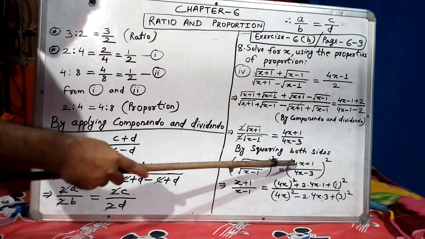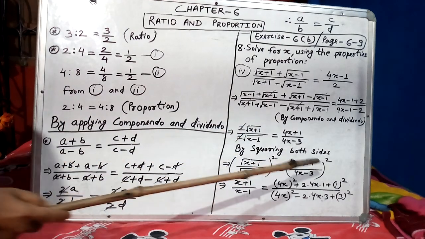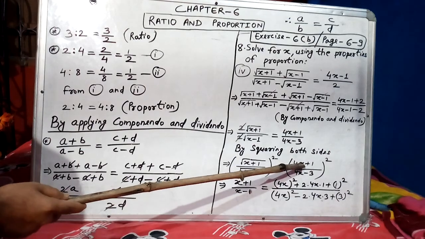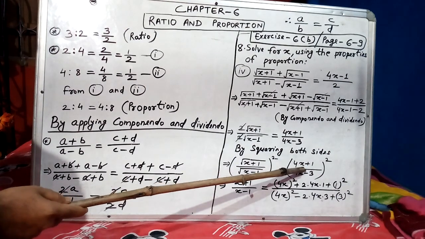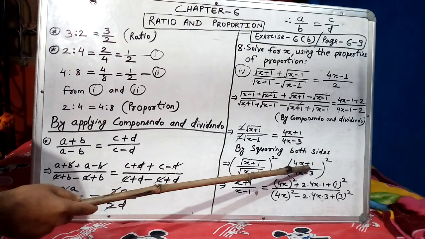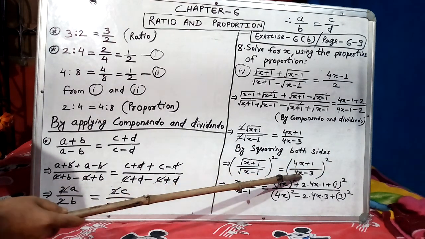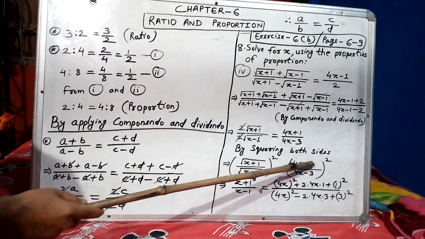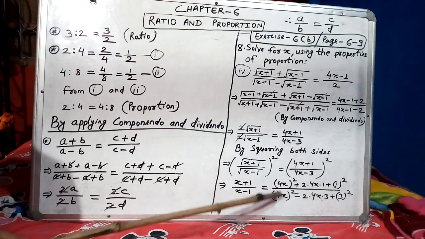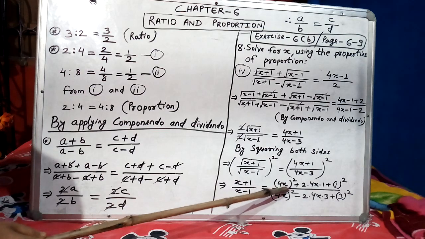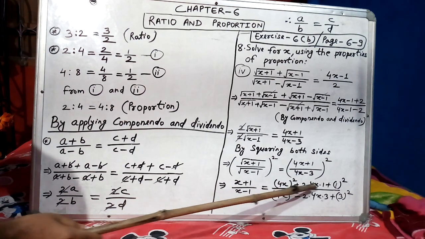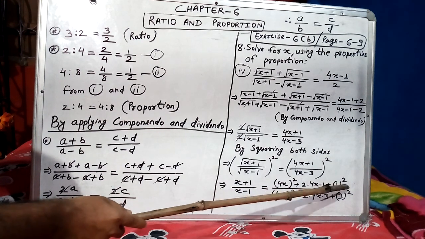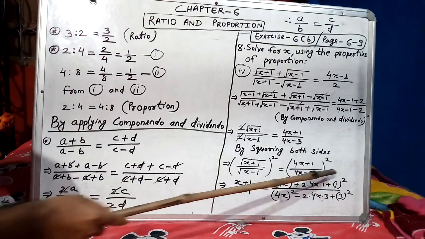But here there was no root, so we have to use a formula: the formula of a plus b whole square and a minus b whole square. Who is a here? 4x. Who is b here? 1. So a square means 4x whole square, plus 2ab, which is 2 into 4x into 1, plus b square, which is 1 square.